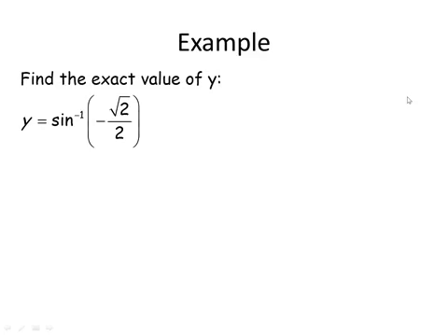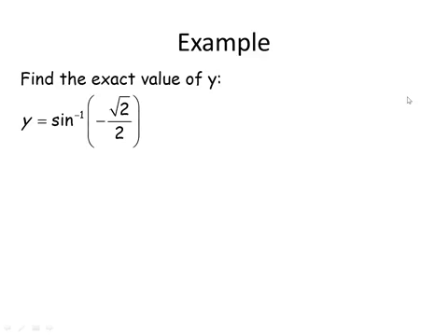If you want to picture your little triangle in your head, that's fine. But can you tell me what sine inverse of negative radical 2 over 2 is going to be? It's going to be negative pi over 4.